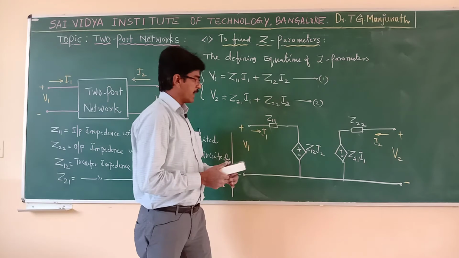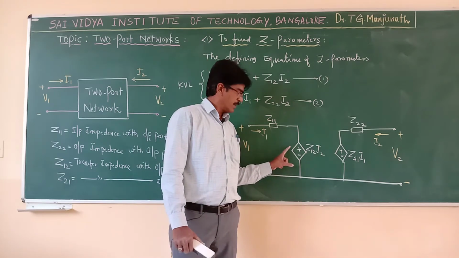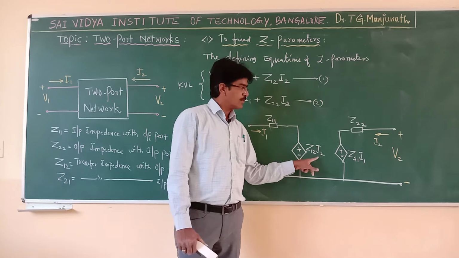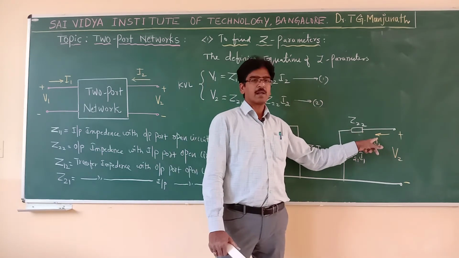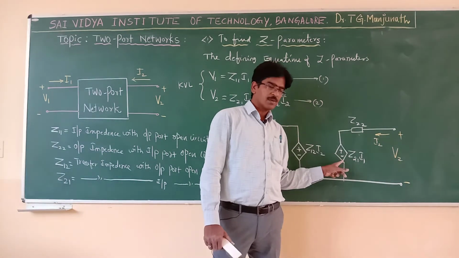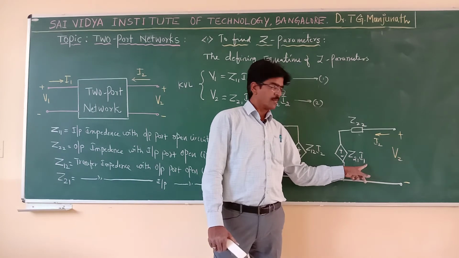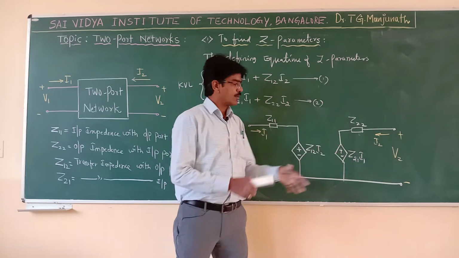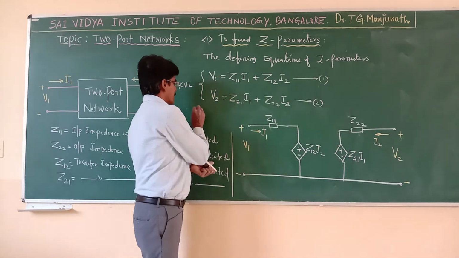What is the meaning of this? It is a dependent source, value is Z12 I2, a voltage source depending on I2. Where is I2? I2 is the current at the output port. The other is a dependent source depending on current I1. I1 is nothing but current coming at the input port. This is how to write the equivalent circuit.